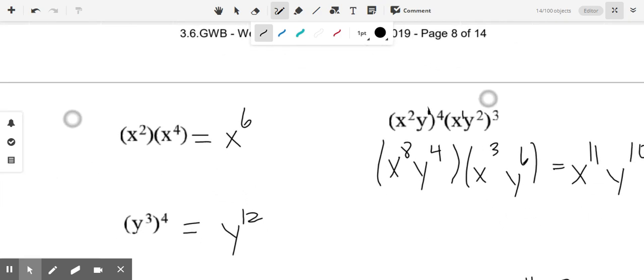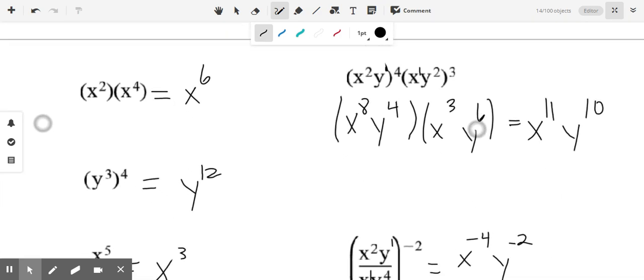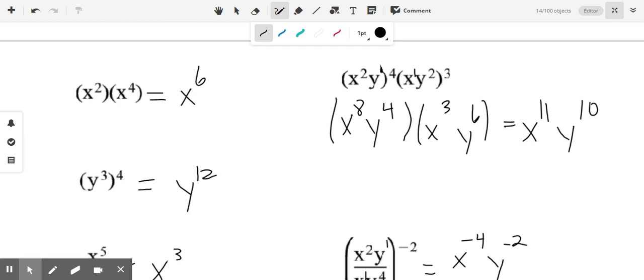All right, so let's look at these examples here. I've already got the answers there, so we'll just step through it. Here, x squared times x to the 4th. I'm multiplying, so I add 2 plus 4 to get 6. That's where they get the 6. Here, exponent to an exponent, that's where I multiply these two numbers.